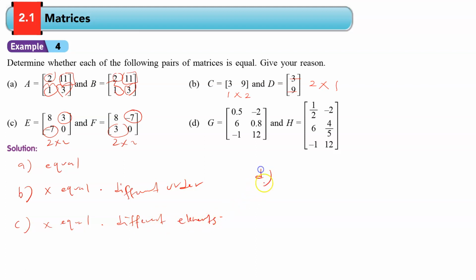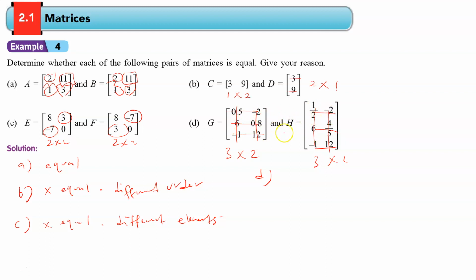So, kalau D pula, dia apa masalah dia? Apa yang tak sama? Order dia sama tak? 1, 2, 3. 3 by 2. Yang ni 1, 2, 3. 3 by 2. Sama juga. Order sama. Tapi elements dia sama tak? 0.5 dengan 1/2. Sama maksud dia. Negative 2, negative 2.